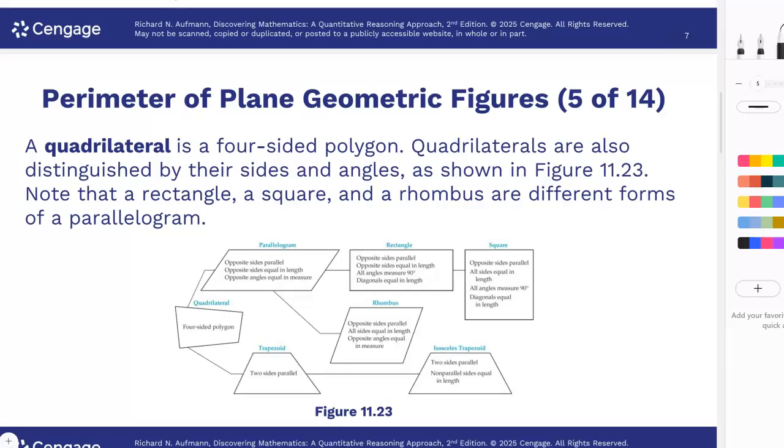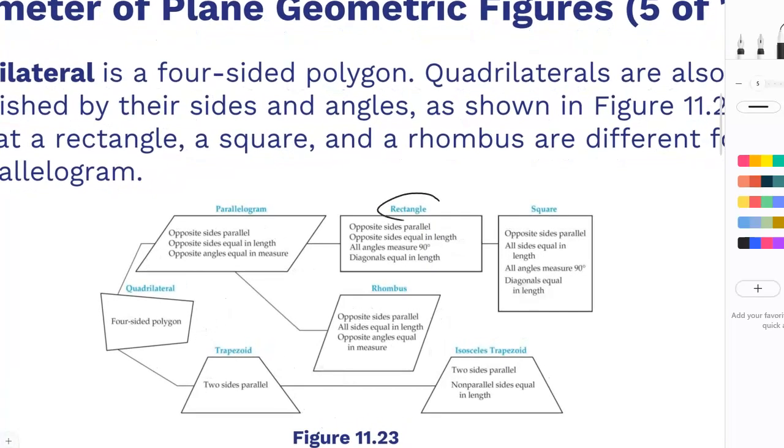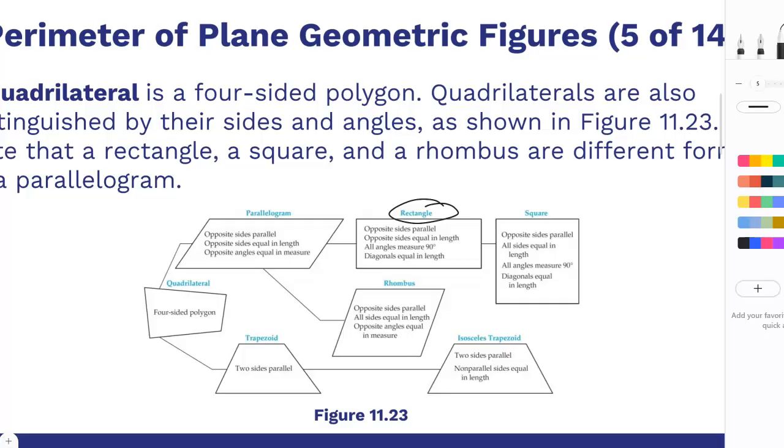When we talk about quadrilaterals, we're talking about figures that have four sides. So it's a four-sided polygon. And there's different types that we can have. The most common ones are rectangles. We see these all the time. So if you get a box in from Amazon, it's probably going to be a box, and each face, each side, is going to be a rectangle.